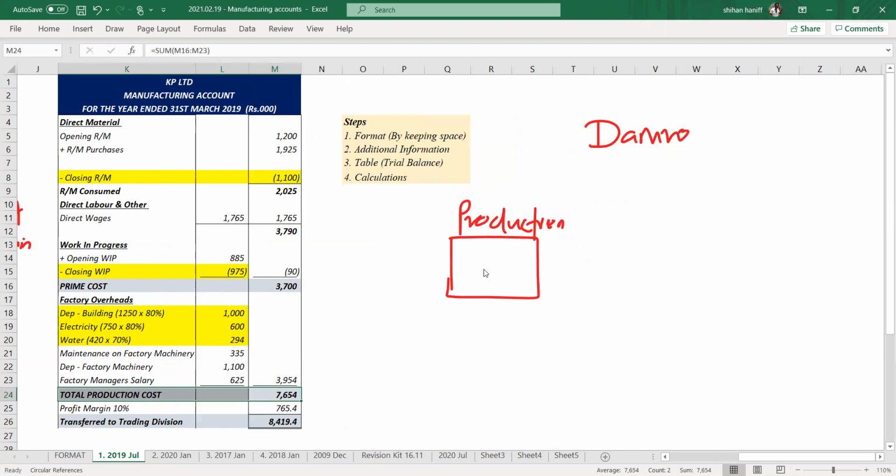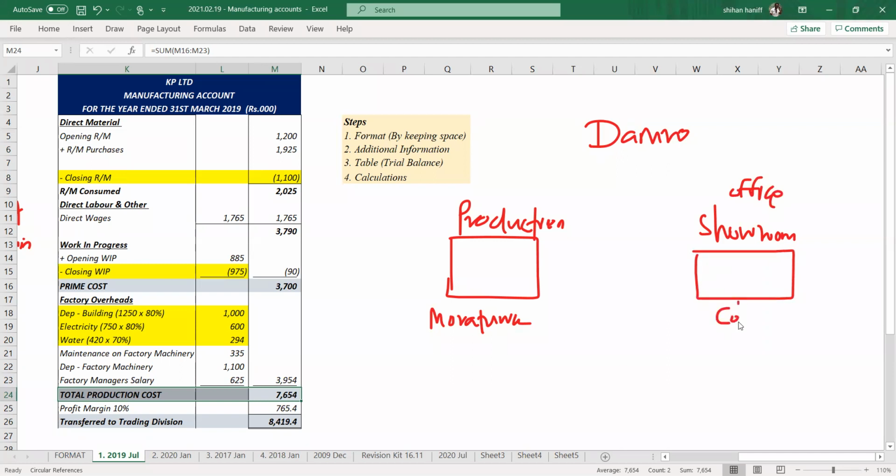They will have a production department. Let's say the production department is in Moratuwa, and their office and showroom are in Colombo 4, Colombo 3.